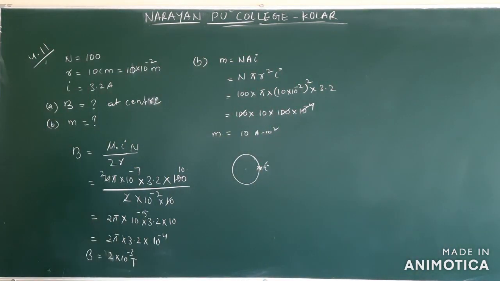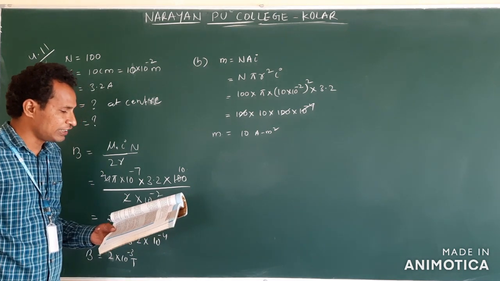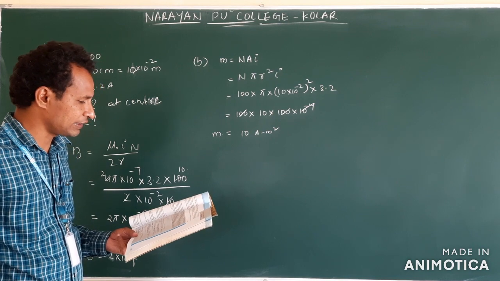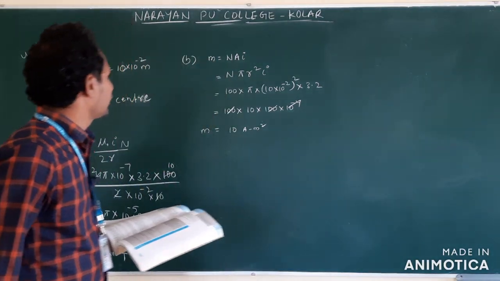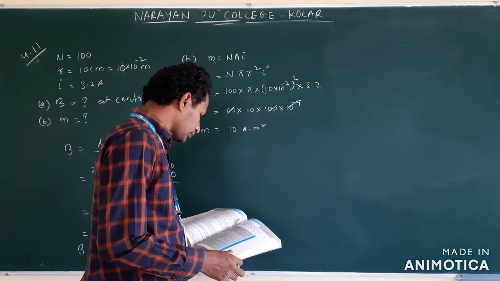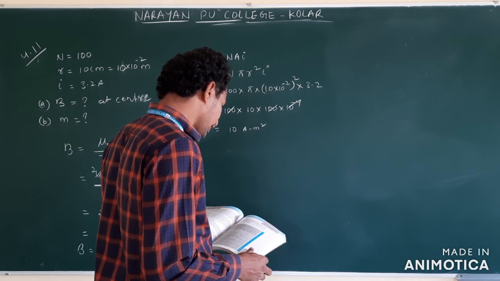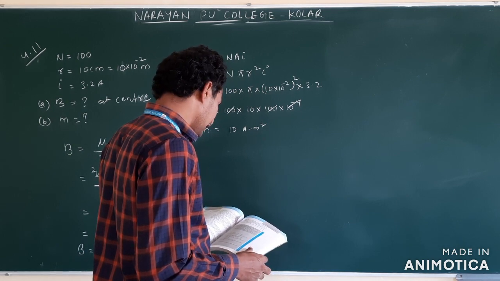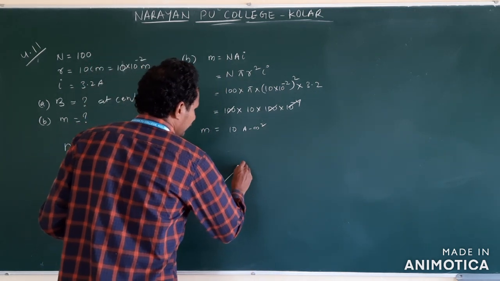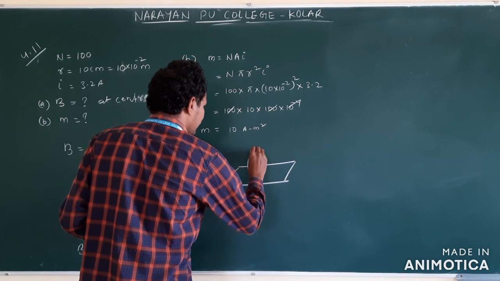Now, next part, what did they ask? The coil is placed in a vertical plane and is free to rotate about the horizontal axis, which coincides with the diameter. See, if you take the plane like this, the ring is placed like this.